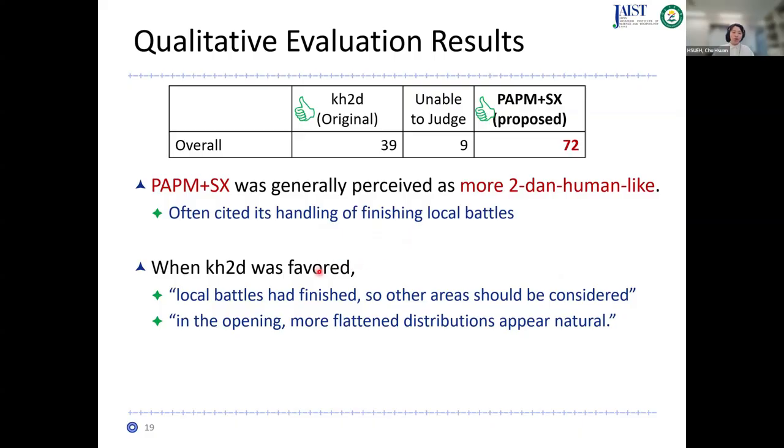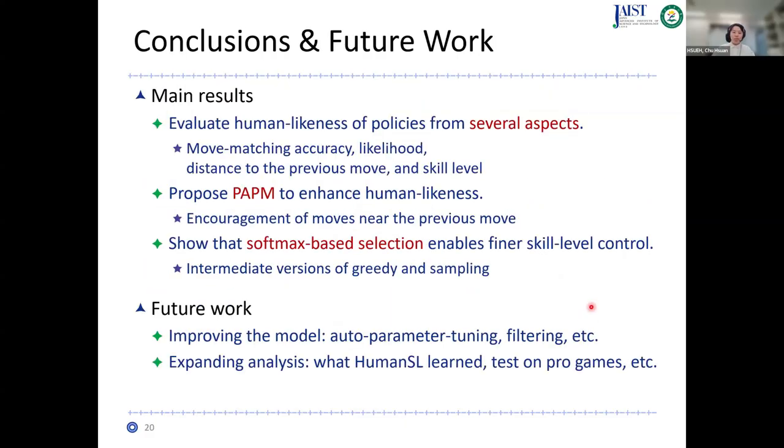But there are also cases where the original HumanSL was favored. So this page will conclude my presentation, but I will not go into the details. Thank you for your attention, and I'm ready to answer any questions from the audience.